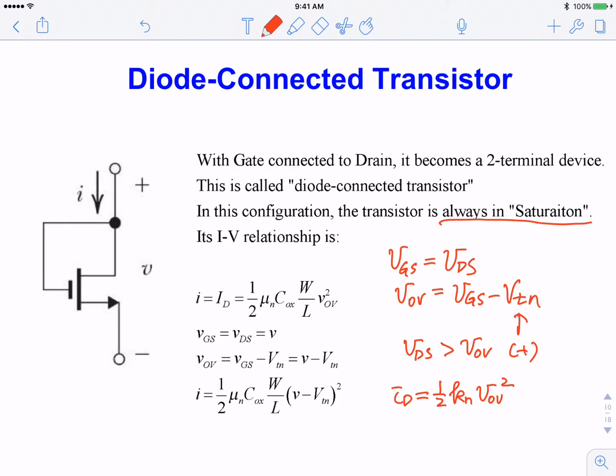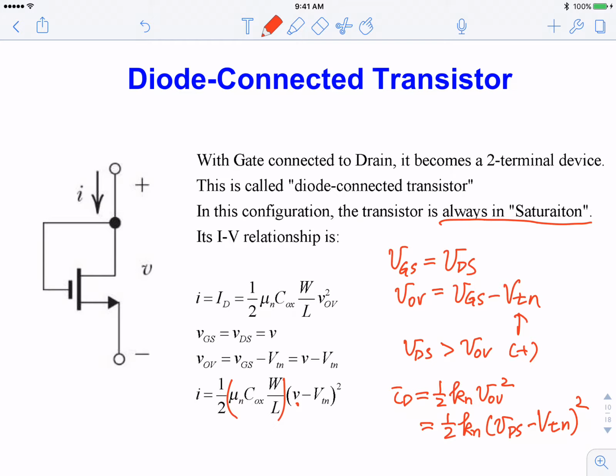Now V overdrive is simply equal to VDS minus VTN. Okay, so this is 1/2 Kn times VDS minus VTN square. So it's basically this expression here. And if we call this a diode, VDS is basically the voltage drop across this diode.